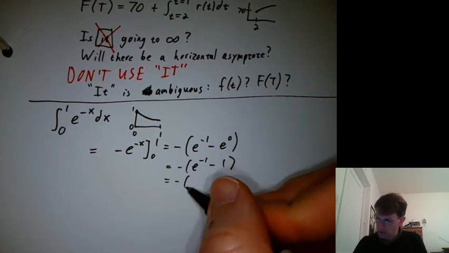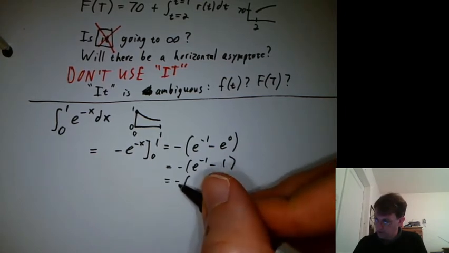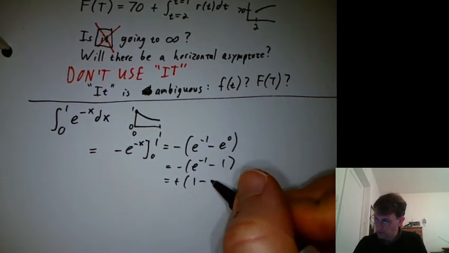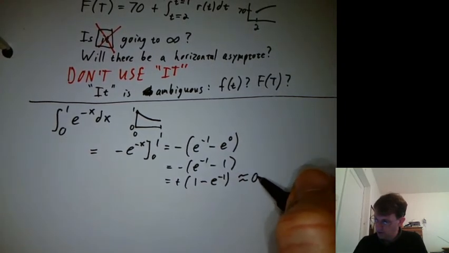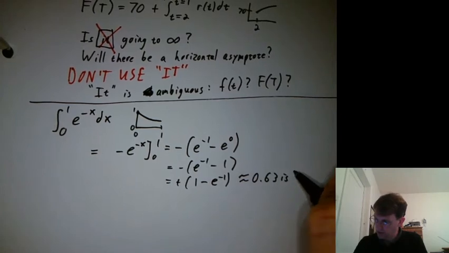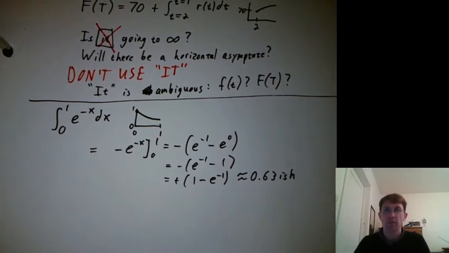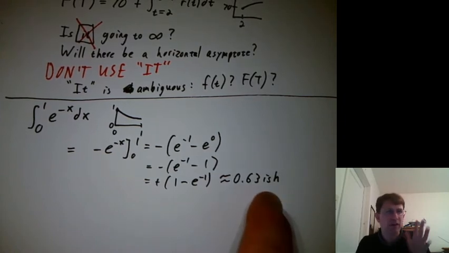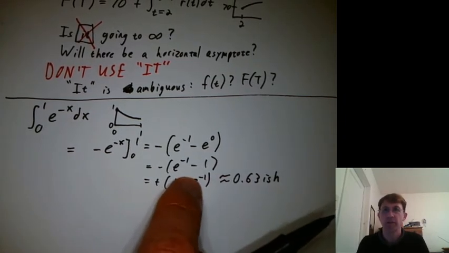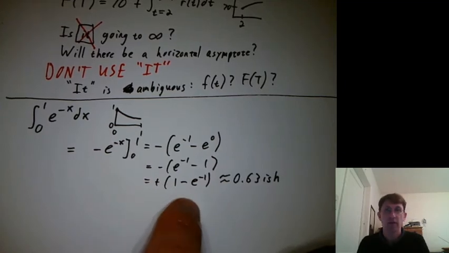So this is negative, let's turn that to positive, 1 minus e to the minus 1, which is about 0.63-ish. In my family, when a baby reaches their 0.63-ish birthday, we have a very, very tiny party because this is a really common number in various types of math.